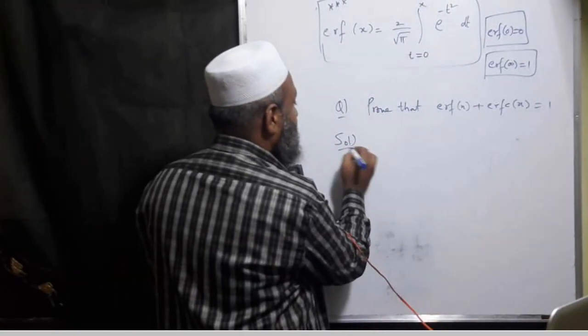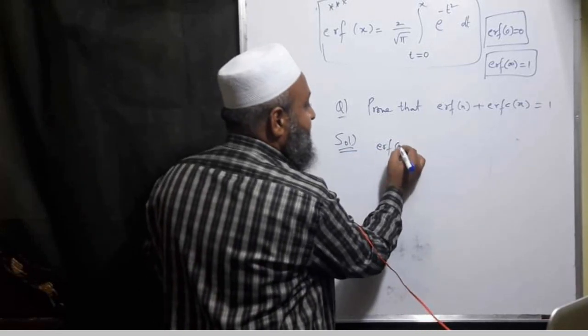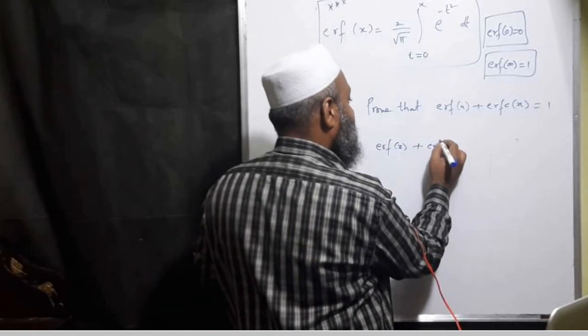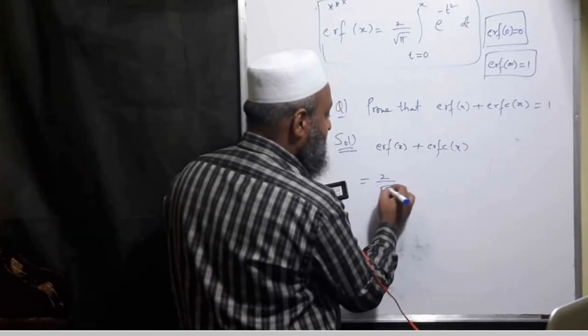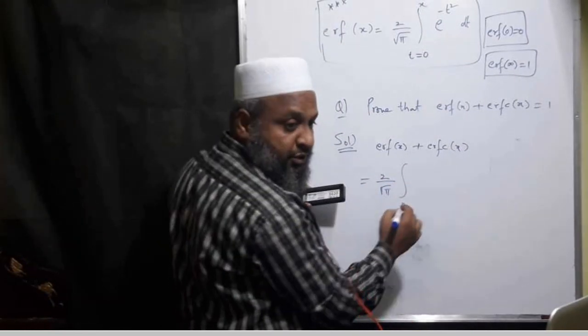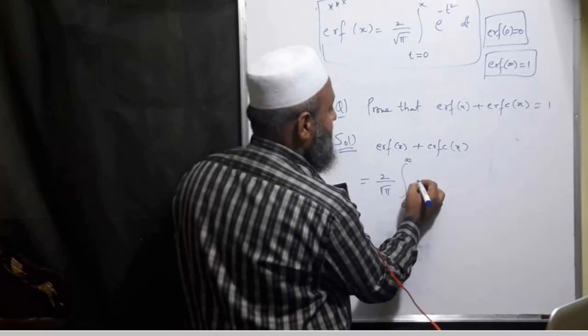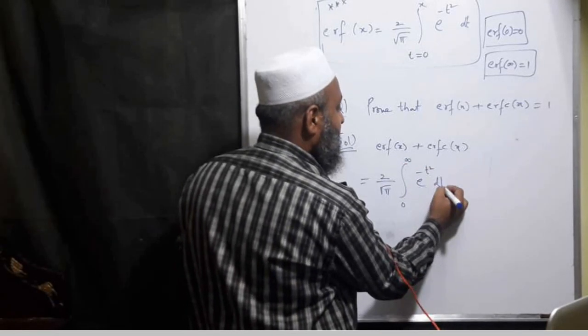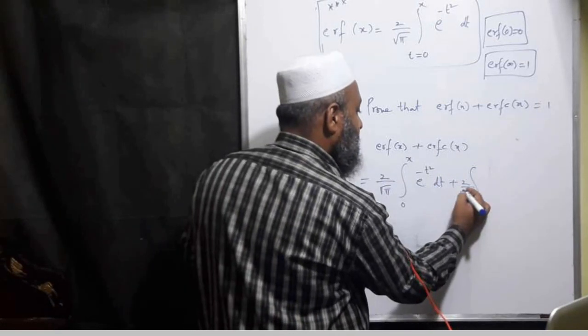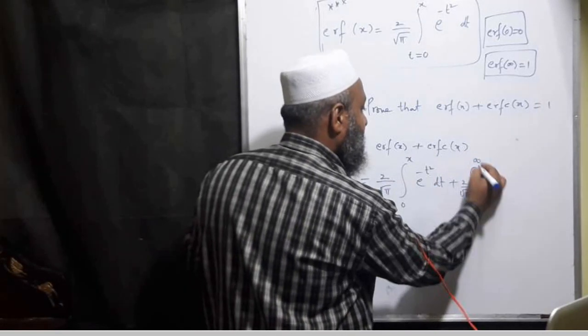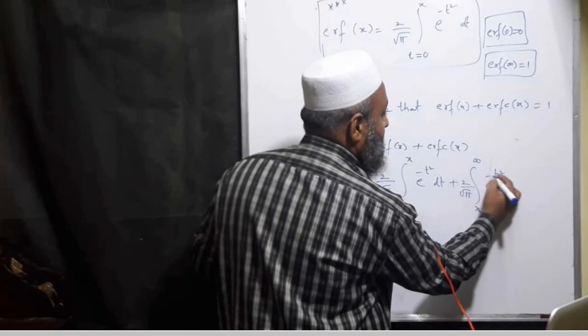So error function at x plus complementary error function at x, as per definition, is 2 by root pi integral 0 to x e to the power of minus t square dt plus 2 by root pi integral x to infinity e to the power of minus t square dt.